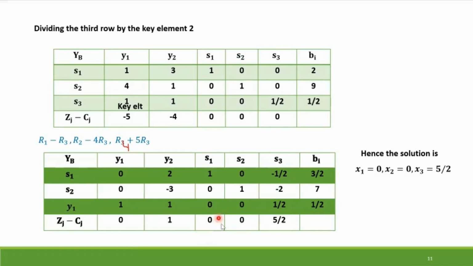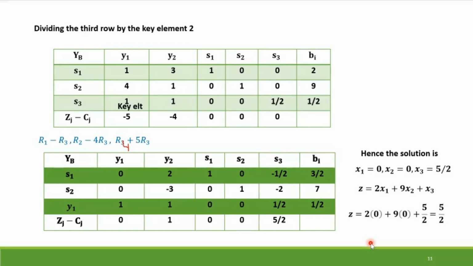We are writing the values of x1, x2, x3 from the final table. So we have to see what is the last row for these variables S1, S2, S3, which were added to the first constraint, second constraint and third constraint. So the first variable's value is 0, the second variable's is 0, the third variable's value is 5 by 2. And then calculate z from the original z function. We will get that to be equal to 5 by 2.